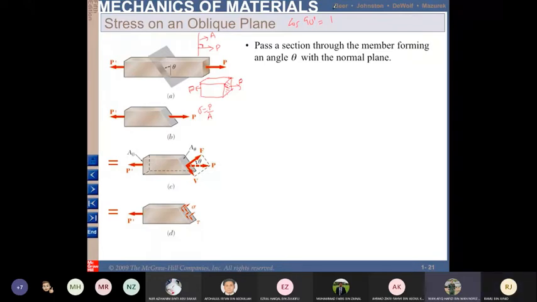Betul ke? Sekejap. Bukan saya, cos 90 equal to 0. Apa yang equal to 1? Sin 90. Sin 90?